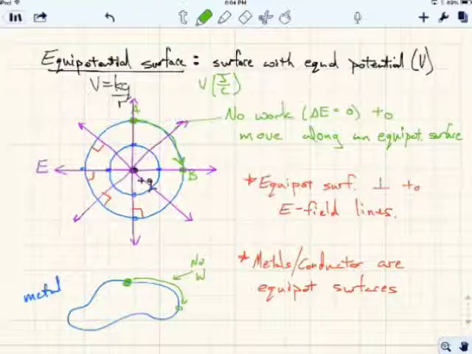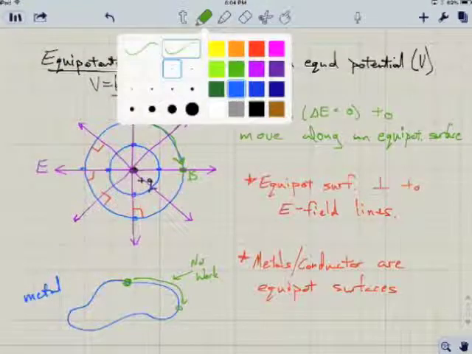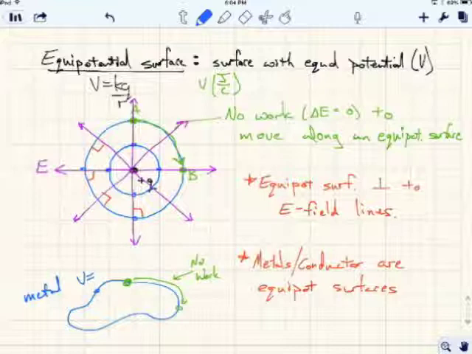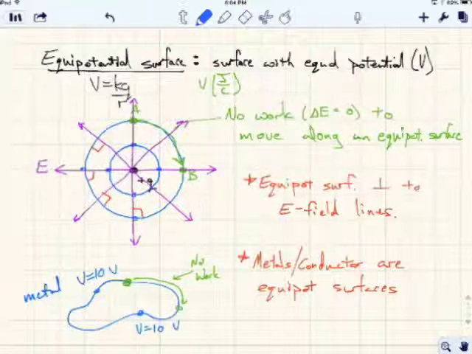No work to move these charges around. And this is something that's really important to remember, is that the potential, the electric potential, if this point is at 10 volts, then any other point on this metal surface also has to have a potential of 10 volts.